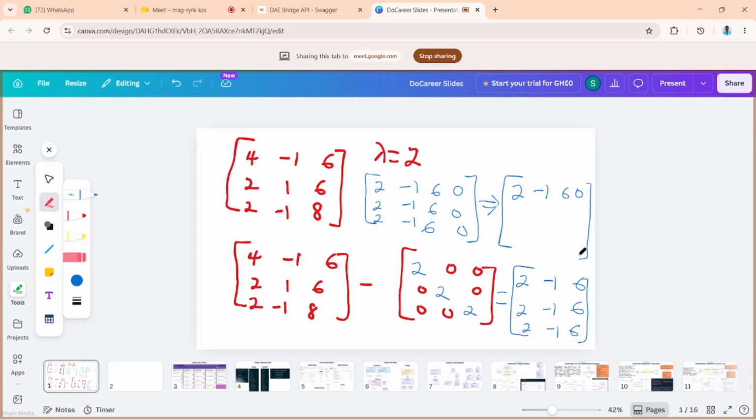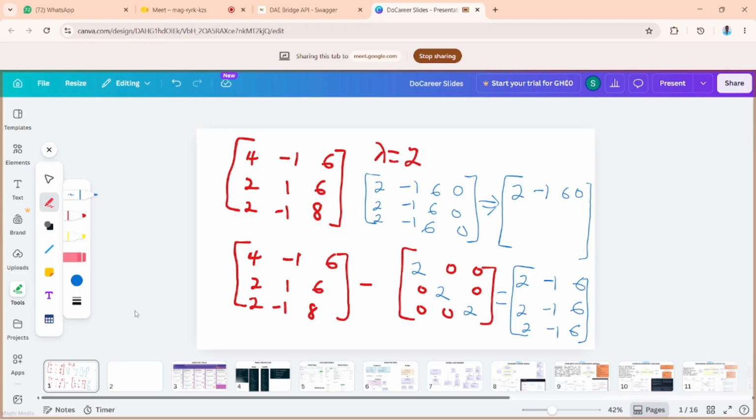And then I'll do row 1 with row 3. So it is 2, -1, 6, 0.